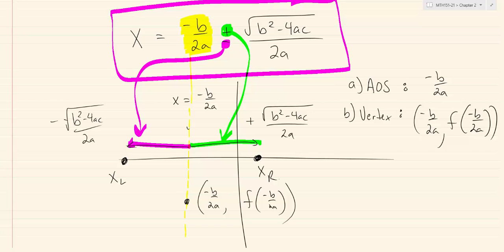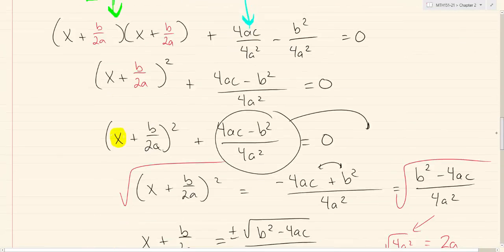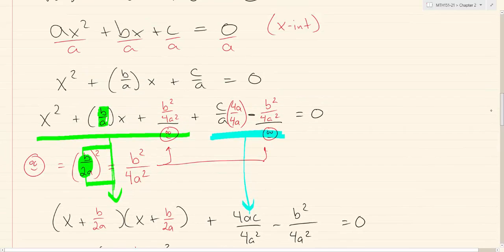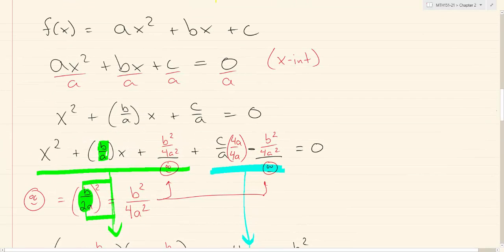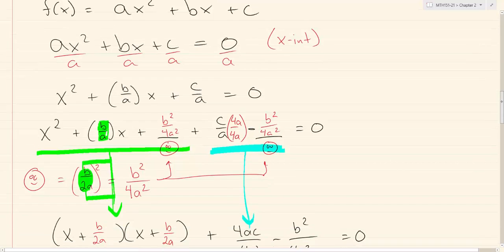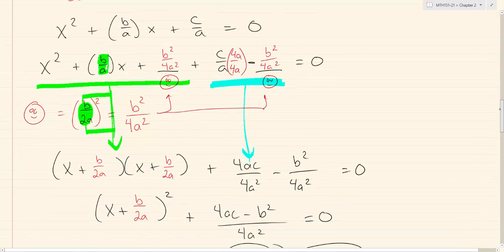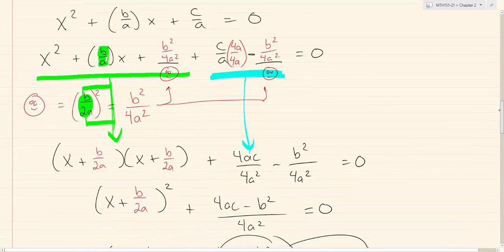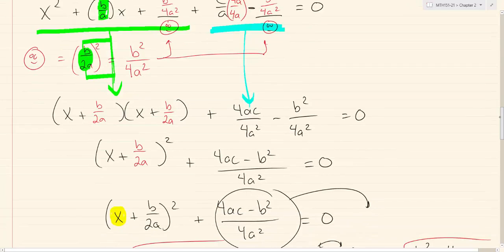This whole entire process started with taking a generic quadratic way up here, f of x equals ax squared plus bx plus c, and all we did is we applied the process of completing the square. Divide both sides by a, put in your blank, and figure out what the smiley face is, and then do a little bit of algebra.